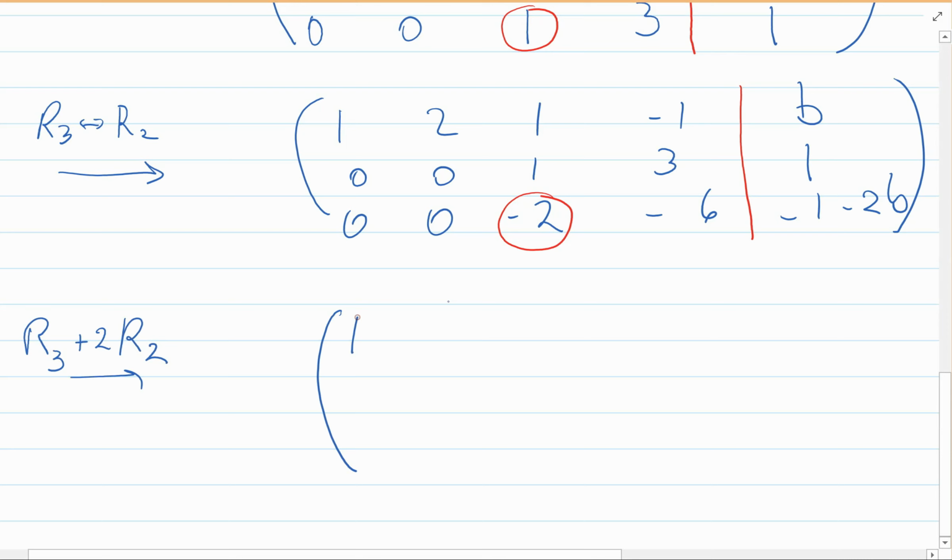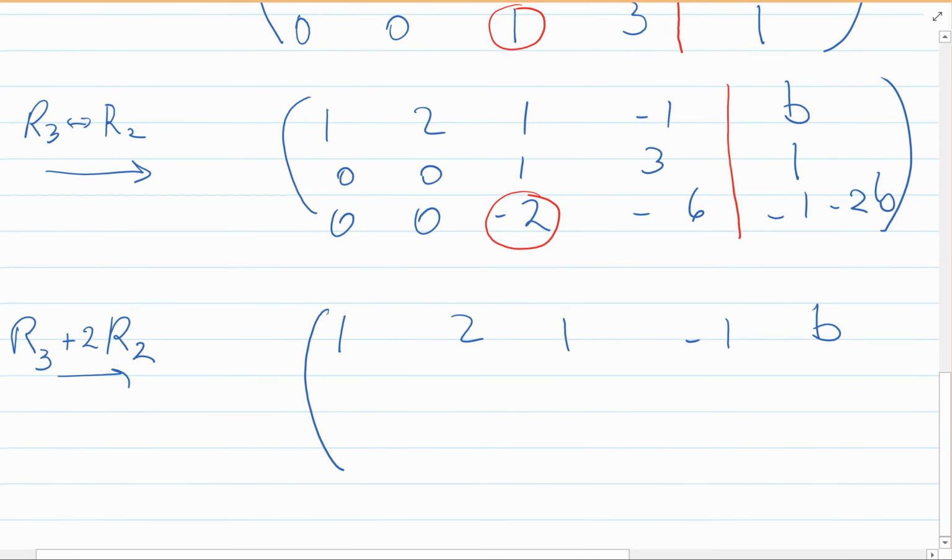Okay, so we keep 1, 2, 1, minus 1, b, 0, 0, 1, 3, 1, and then 0, 0. Minus 2 plus 2, 0. Minus 6 plus 6, 0. And then minus 1 minus 2b plus 2 times 1.